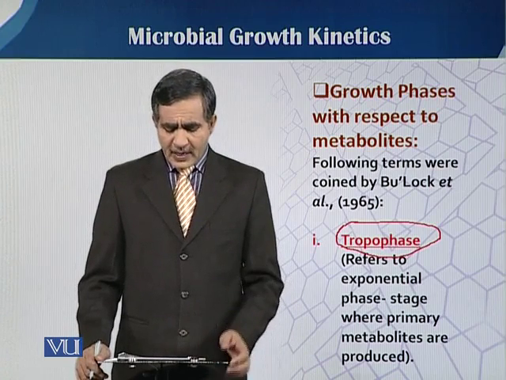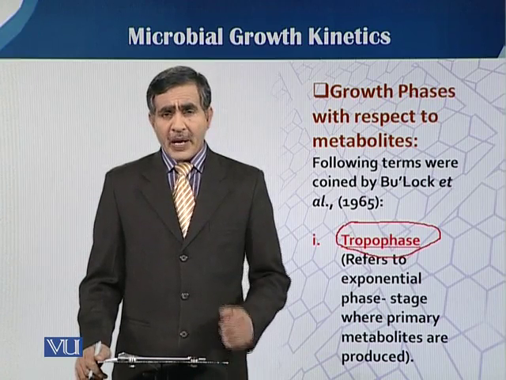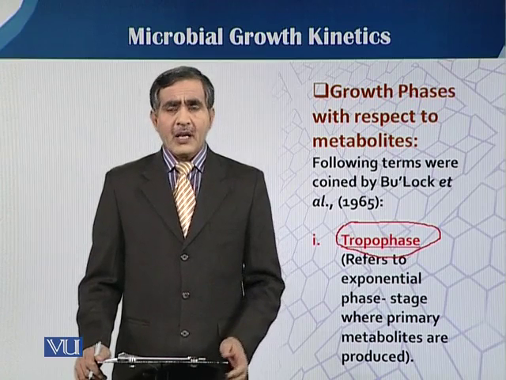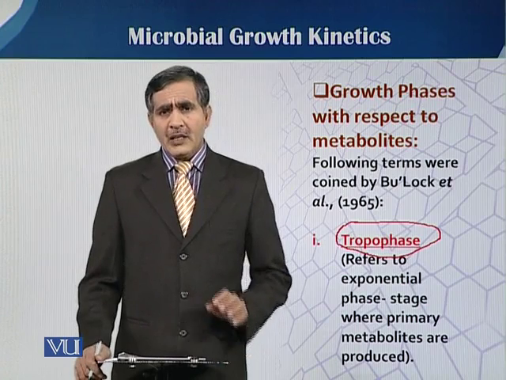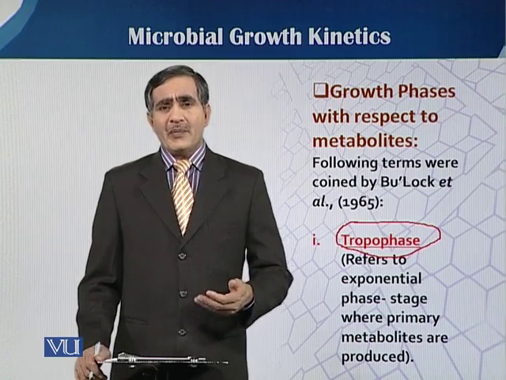The tropophase refers to the exponential phase in which the primary metabolites are produced. So the classification of Bu'Lock et al. is basically based upon the type of the products formed.